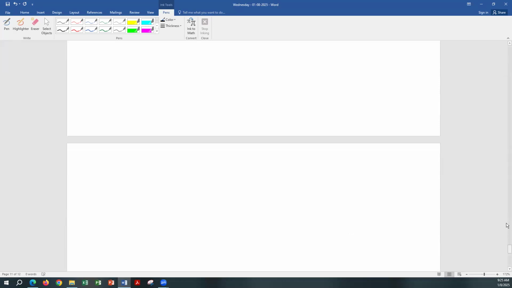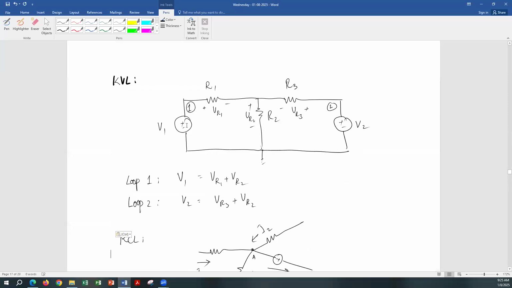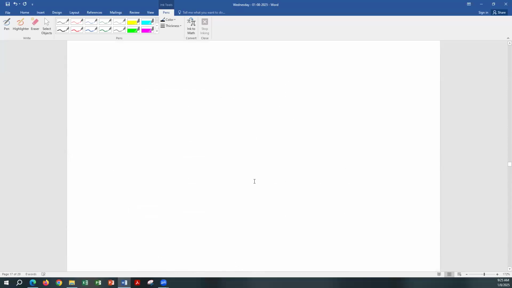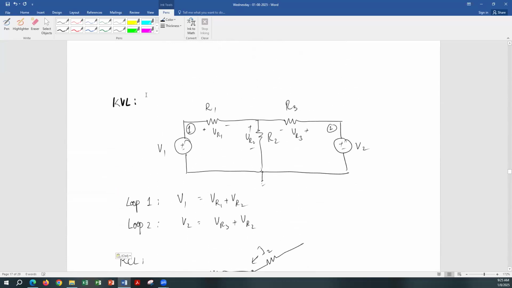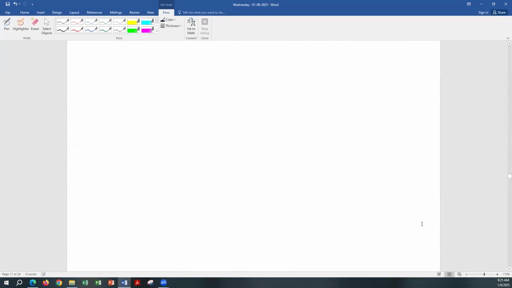Okay, let's go to the first page now and I'll just copy that. Why is this moving down to the last page? I don't understand. Control X.